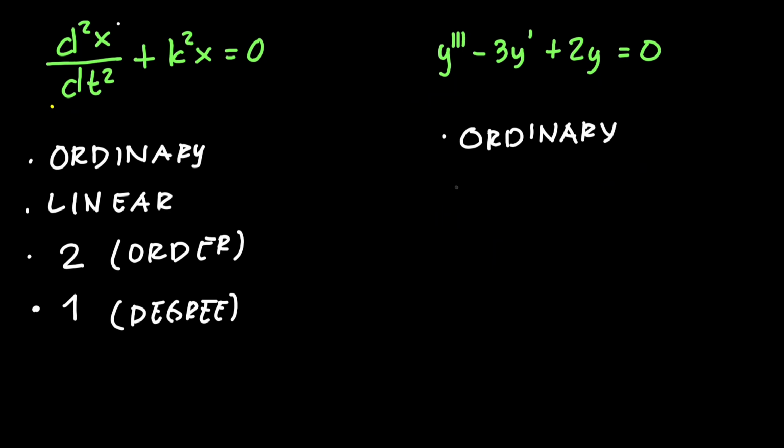So next up would be whether this equation would be linear or nonlinear. Now, first up, there are no trigonometric, logarithmic, or exponential functions. And also, all the variables here and its derivatives have all the power of 1. So this is linear.